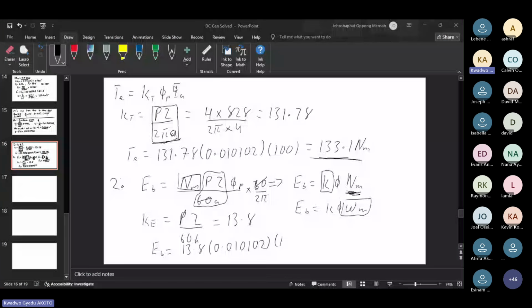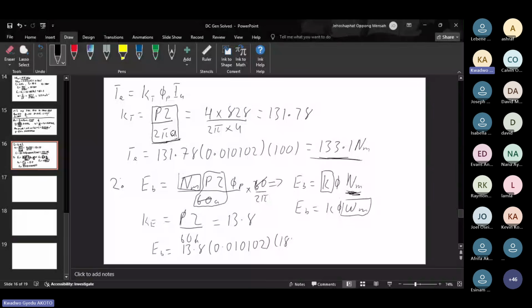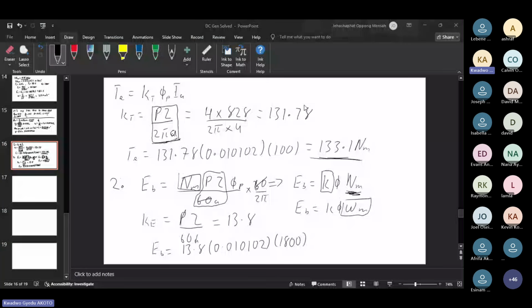So I'm just going to check the speed for my slides on my phone. So, yes, 1,800 RPM, right? Hey, am I still connected? Guys, please, am I still connected? Yeah, you are. All right.